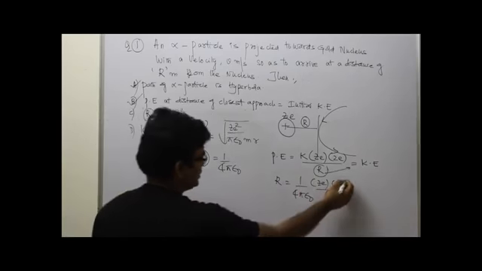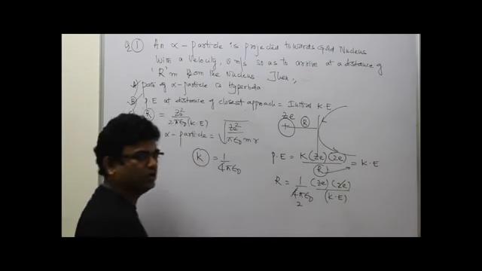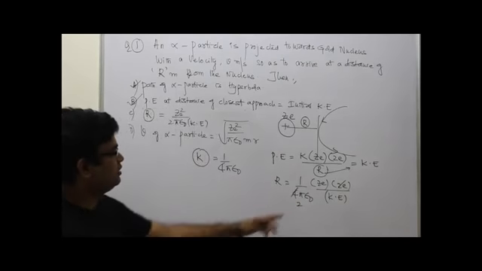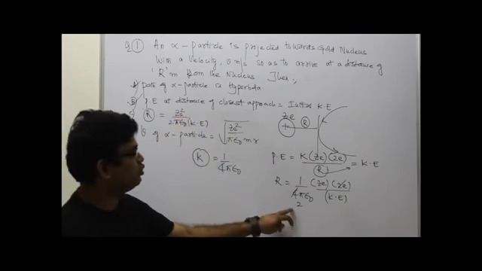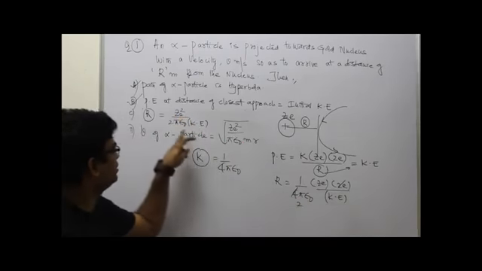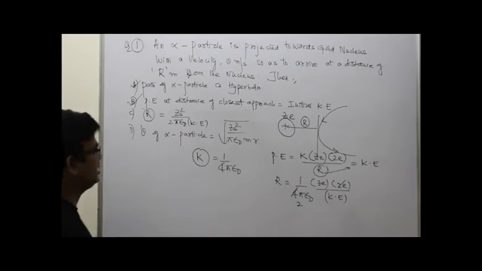You can cancel this 2 times. So what are we left with? ZE square by 2 pi epsilon naught into K. So option C is also correct.